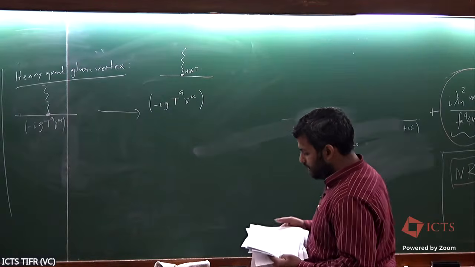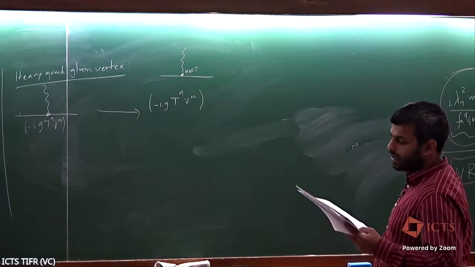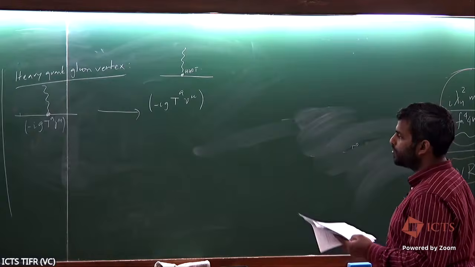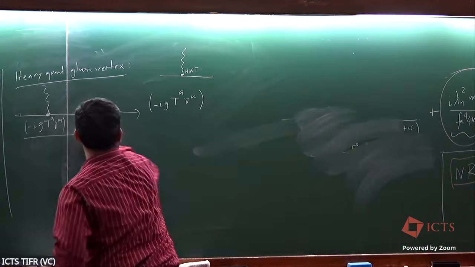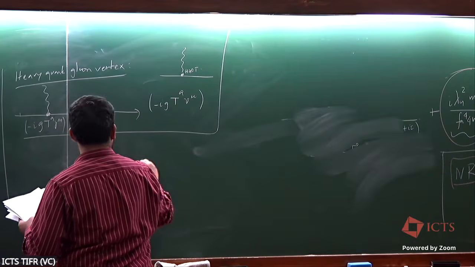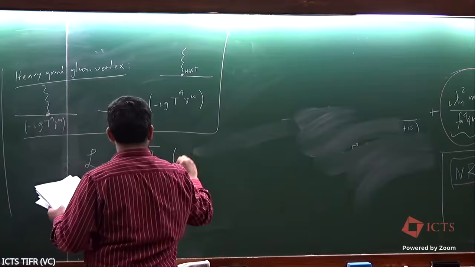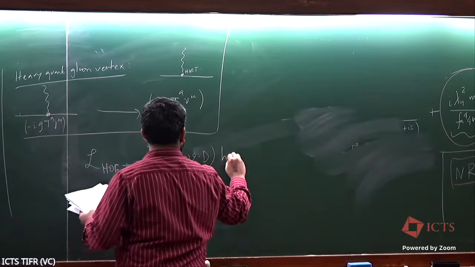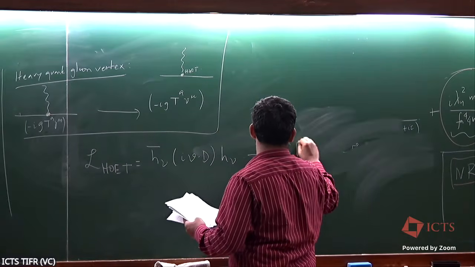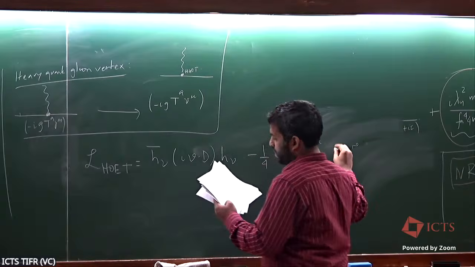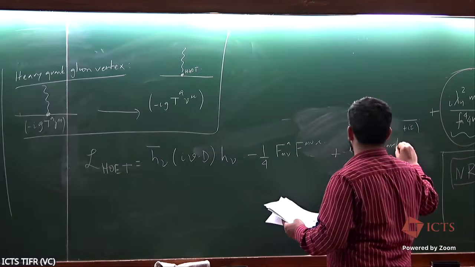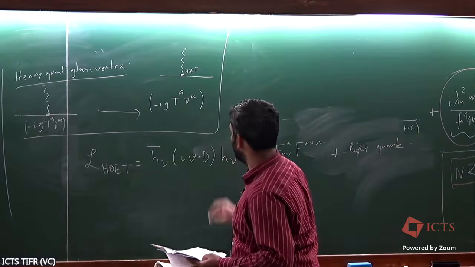So in order to get this propagator and in order to get this vertex, the Lagrangian that one needs to write is, plus light quark, where D is my covariant derivative.